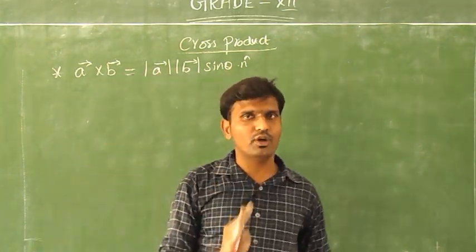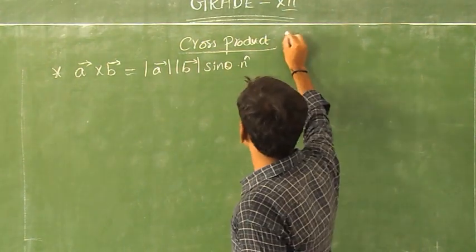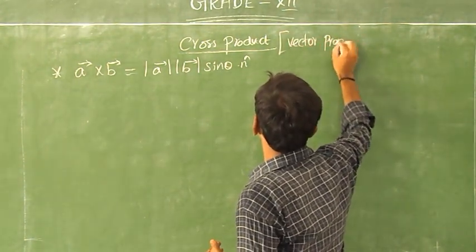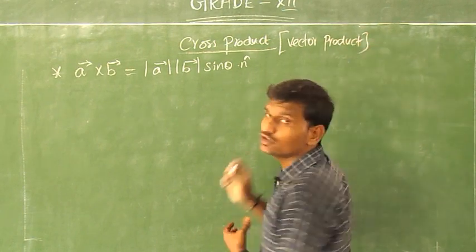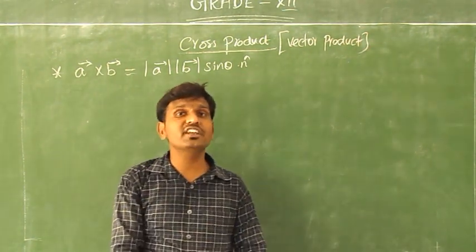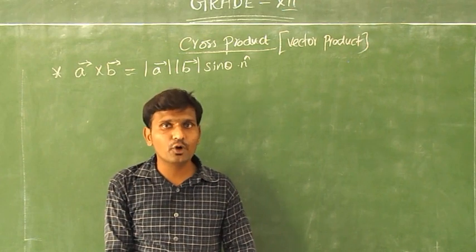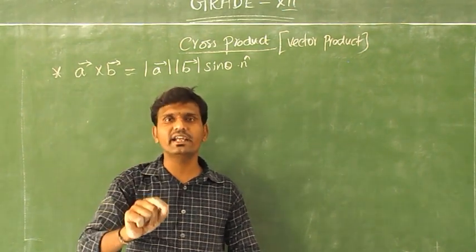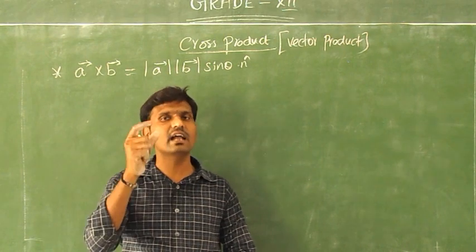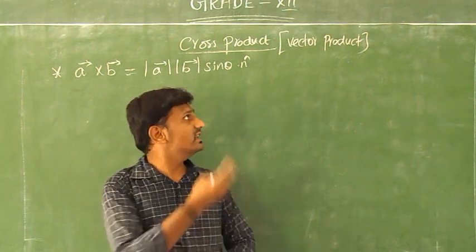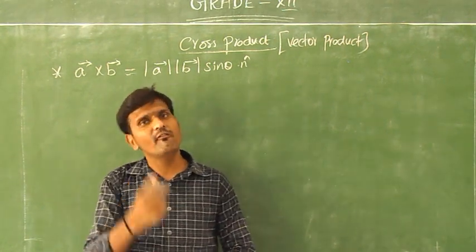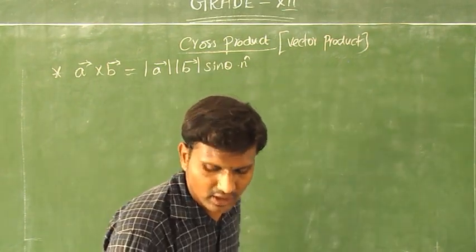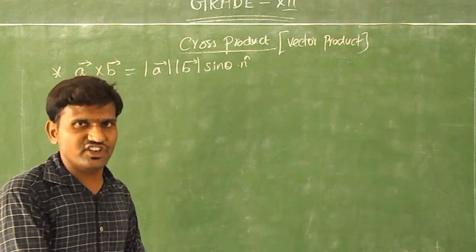The cross product has another name, that is vector product. Already you know scalar product is your dot product, and vector product is your cross product. From the dot product the final answer is a scalar, that is a number only, and from the vector product you get a vector quantity only. So this is your cross product definition.